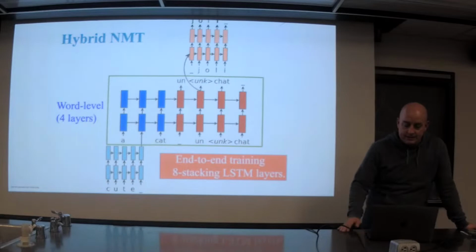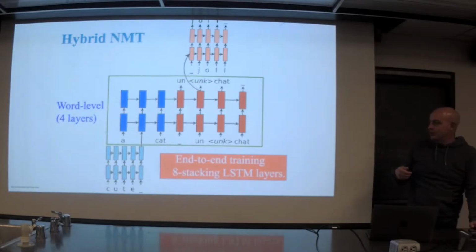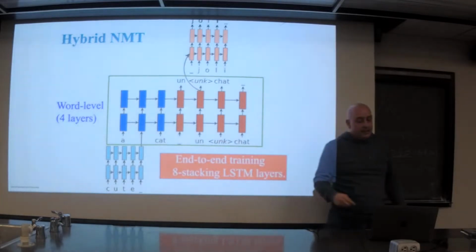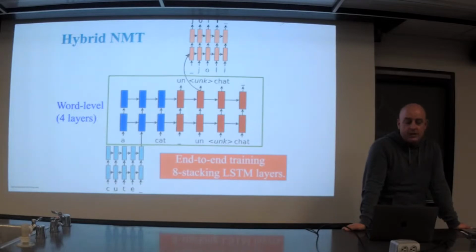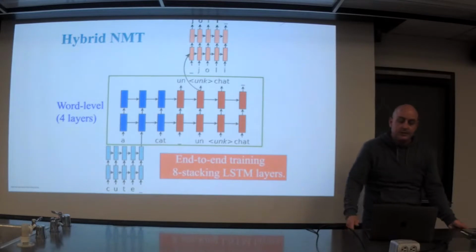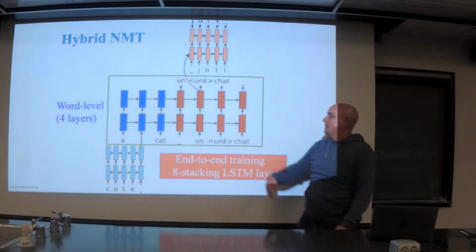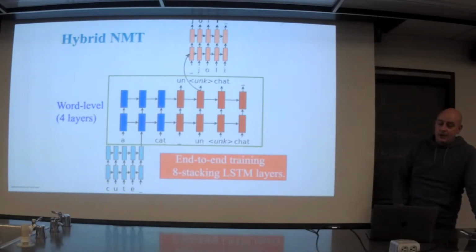The mechanism is this: we have a recurrent neural network within a recurrent neural network. The idea is simply, we've got unknowns, as before, and sometimes these unknowns are going to be ones that we want to try to translate at a character level. Literally, you just take the words that should be paired up, through the unknown pairing mechanism, and then you make an attempt at doing the character level decoding.